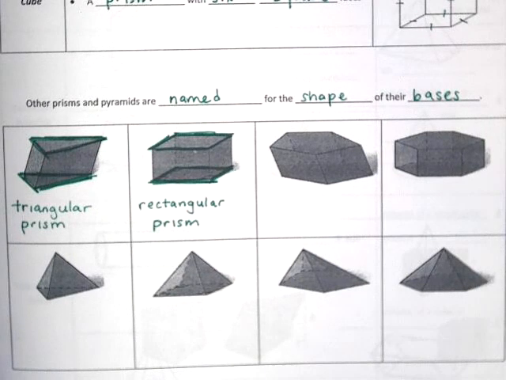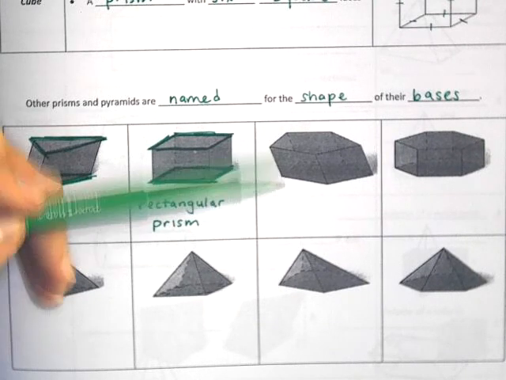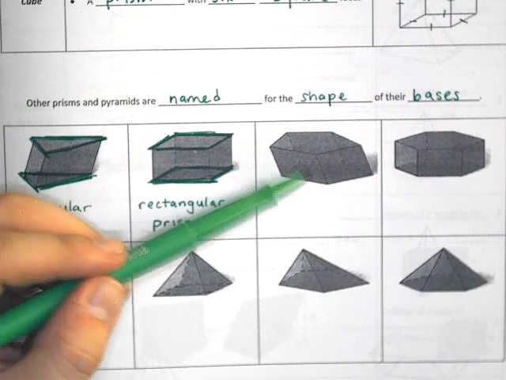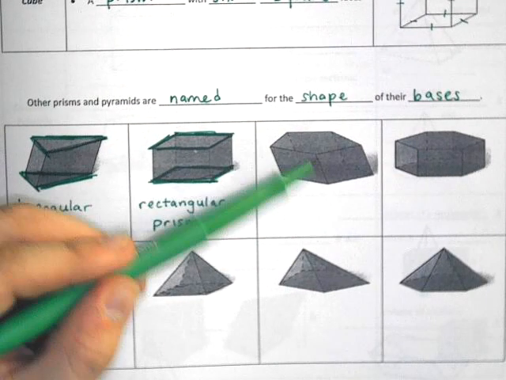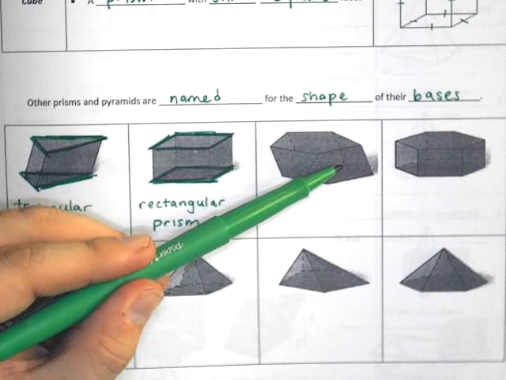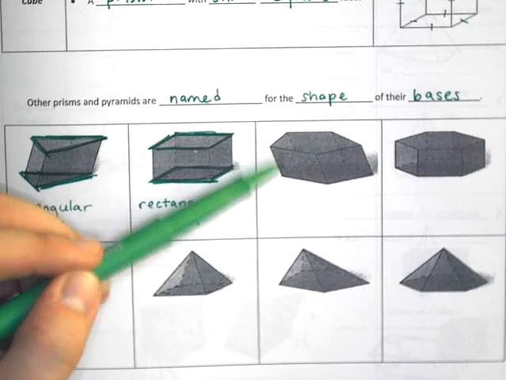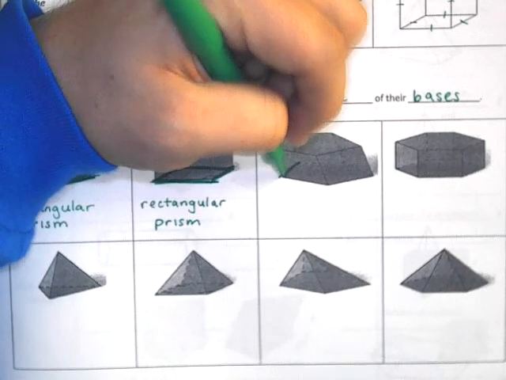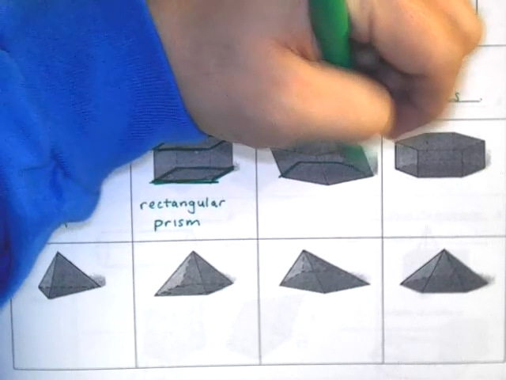If we move on to the next picture to the right, I'll ask myself, do I see any parallel congruent faces? Well, looking at these sides that are going up and down, I'm not really seeing something that's parallel and congruent to this face, or even this side, or even the back. What I'm looking at is the bottom.